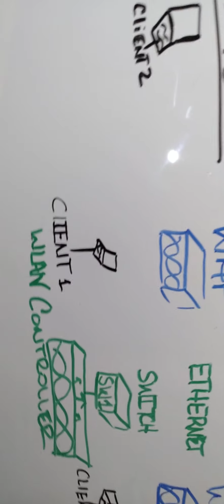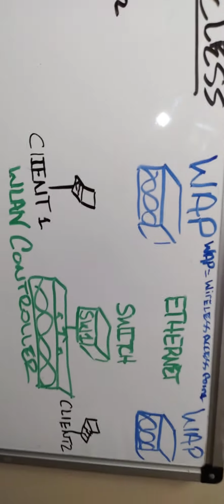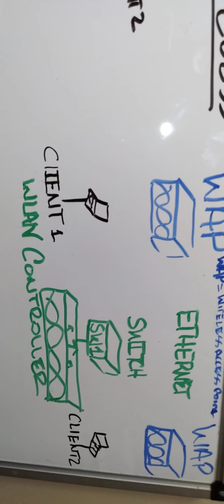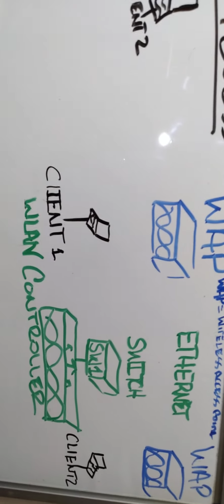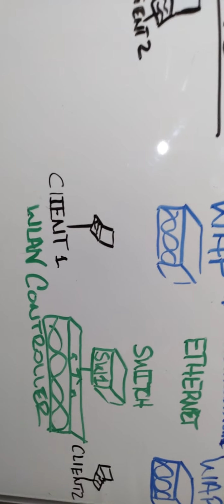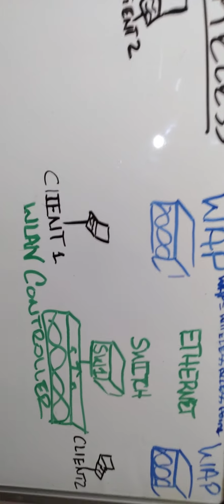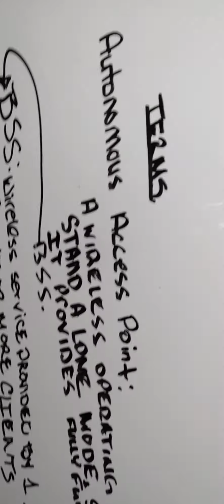So there is an option, and this option is called autonomous access points. With this option, we can point our browsers or our terminal to our wireless access point and configure it individually. Autonomous is a word that we need to know to understand wireless better for the examination.